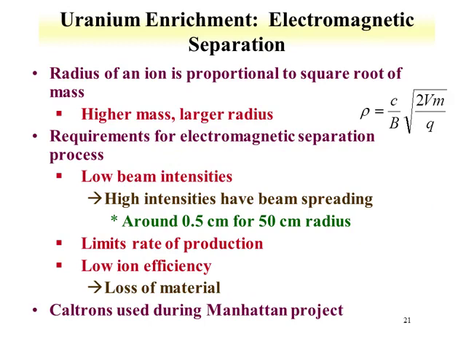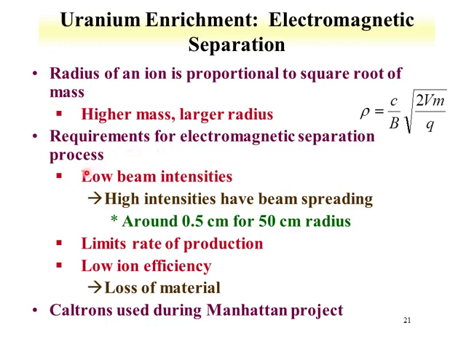So we can see that the radius is equal to those components shown here. And it turns out that the radius of an ion is proportional to the square root of its mass. So we have a way of achieving a separation. Ions of different masses will have different radii if we put them into this system. The higher the mass, the larger the radius. So this is what's exploited in electromagnetic separations.